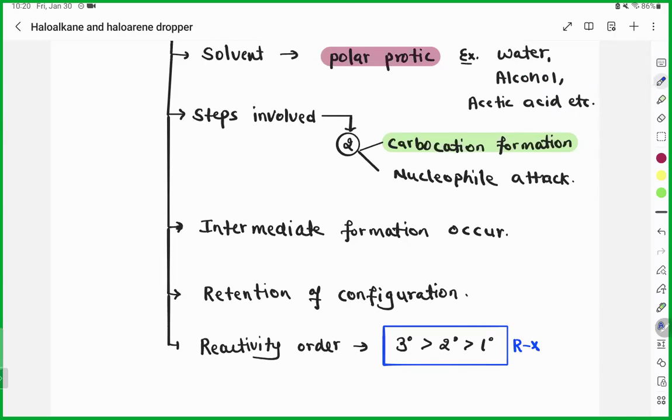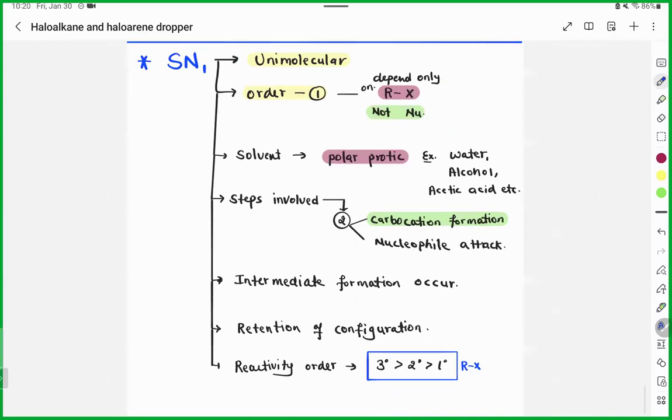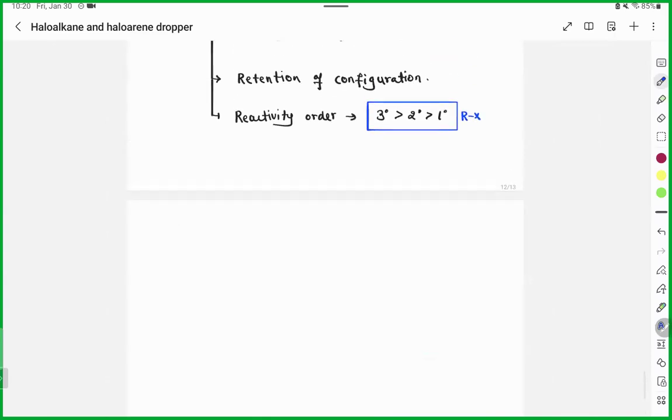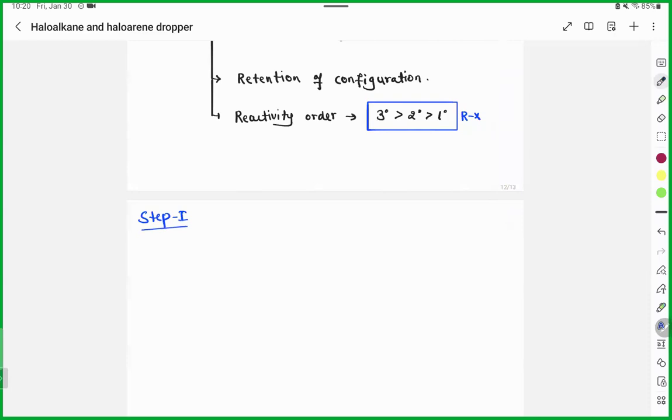Any doubt, guys? If you understand all the points well, now you can write both the steps. We said two steps are involved in this process. Step one is the divorce. Most important, very slow process, might take 5-10 years also, or even more than that. So, first step is formation of carbocation.